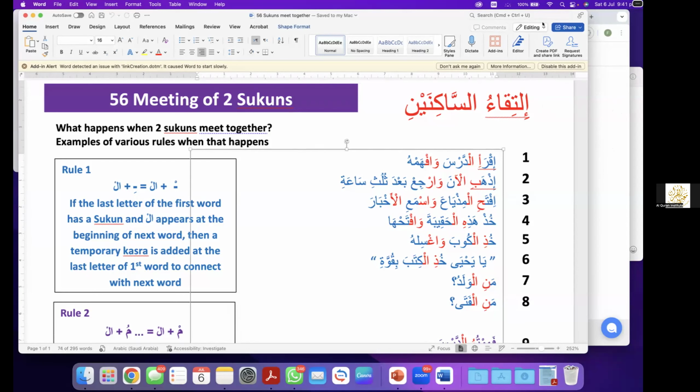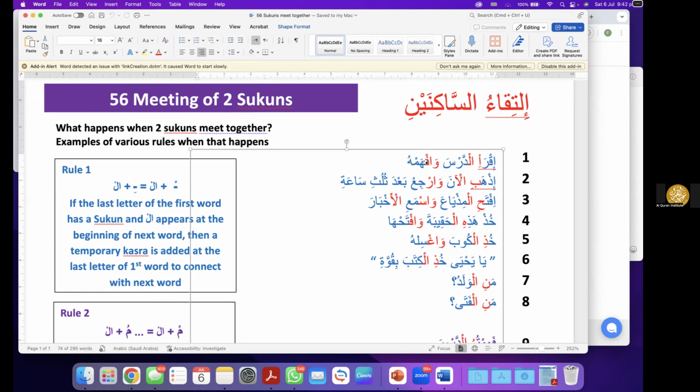All right. So we were saying the sukun on the last letter of the first word, and if you see al after that, because of al, the rule is you will add a temporary kasra. So in the same way, ikra id darsa, wafahamhu. And because al is not there, it's a different situation here.